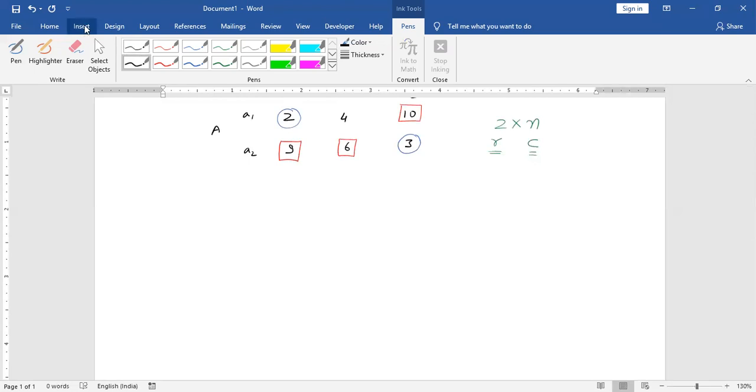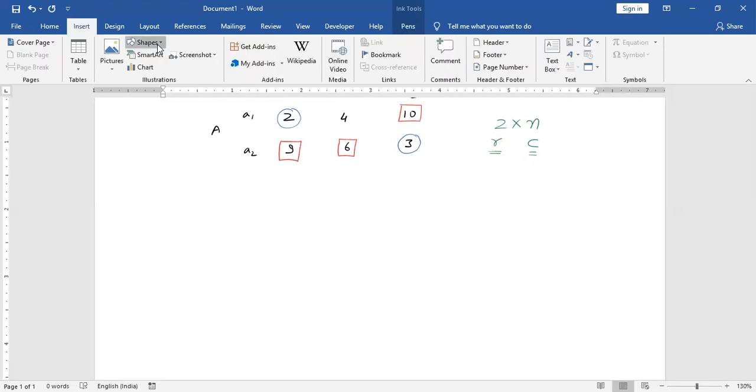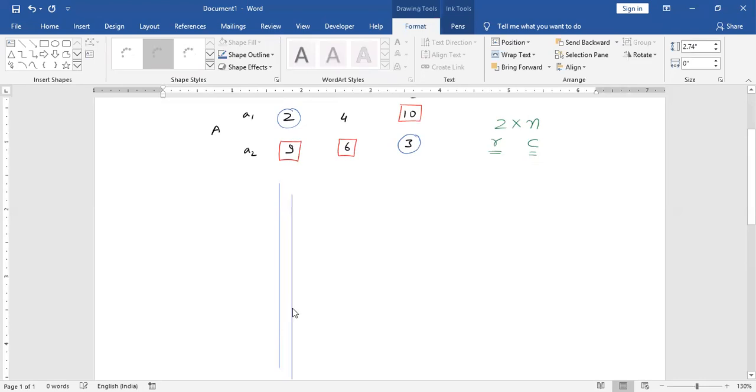So I'm using the tools of Word to draw two parallel lines. This is my first line. Control C, Control V to make another line. This is the two parallel lines, right?